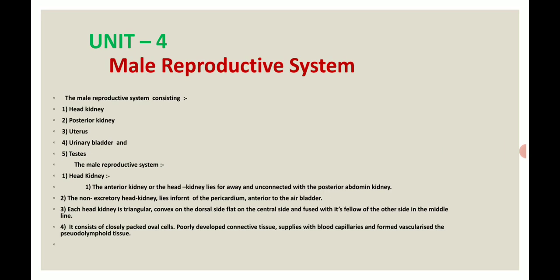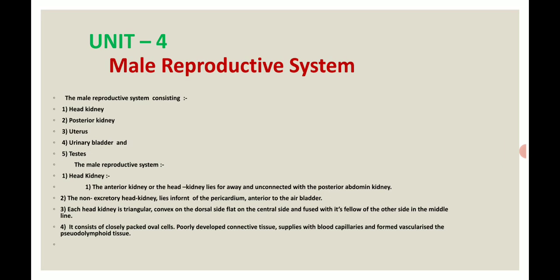Each head kidney is triangular, convex on the dorsal side, flat on the ventral side, and fuses with its fellow of the other side in the middle line.